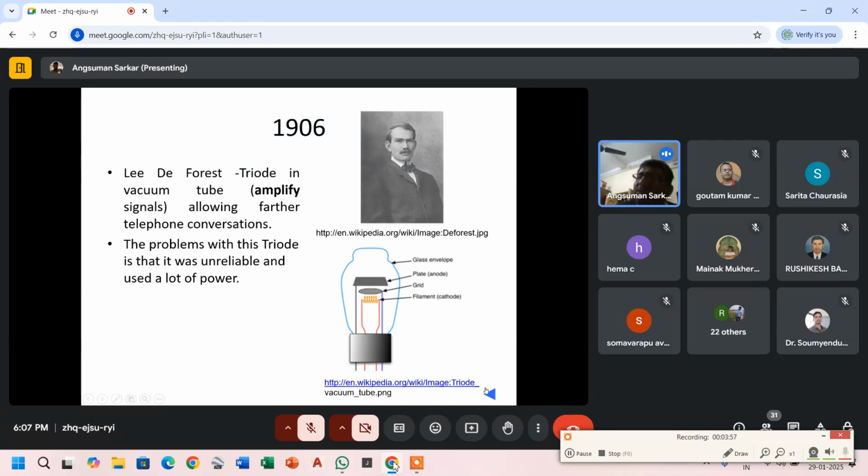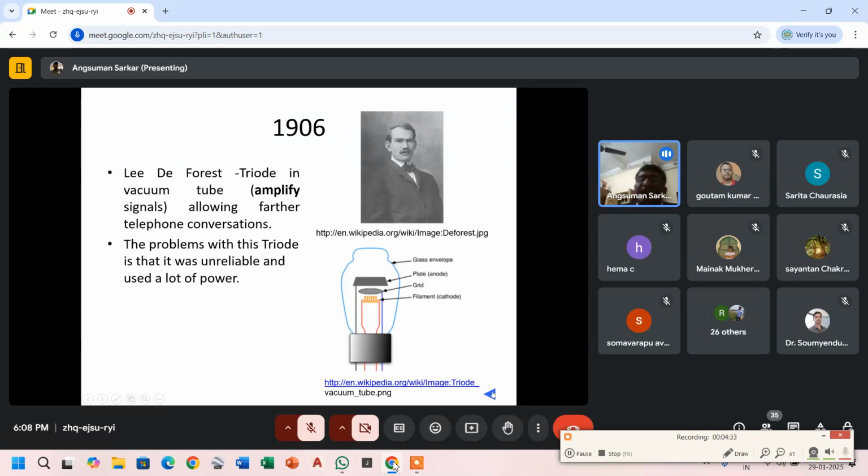In a BJT or bipolar junction transistor, the role of the cathode has been replaced by the emitter, the role of the anode by the collector, and the role of the grid by the base terminal. In a MOSFET also, the same thing has been done. The cathode has been replaced by the source terminal, the anode by the drain terminal, and the grid by the gate terminal.